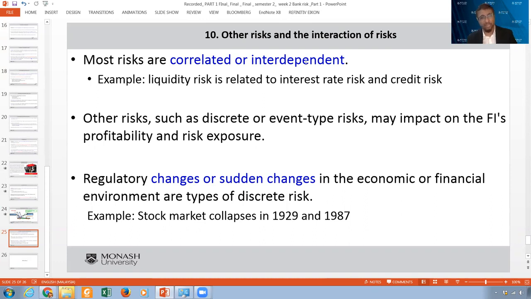If there is a drop in the market, your customers, your borrowers, are affected and cannot pay you. Now you have credit risk, and that led to less cash flow coming to the financial institution. So now you have a liquidity risk.